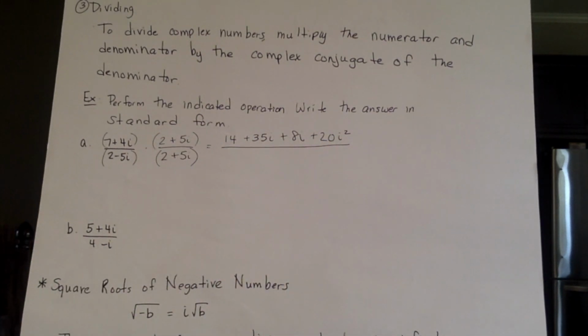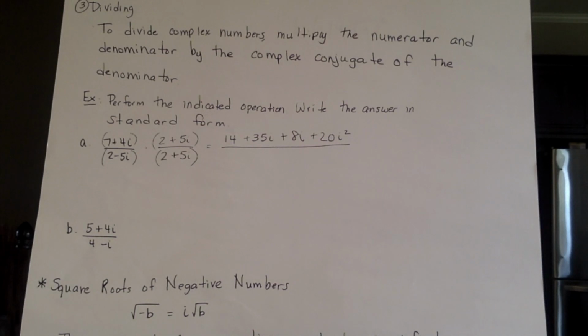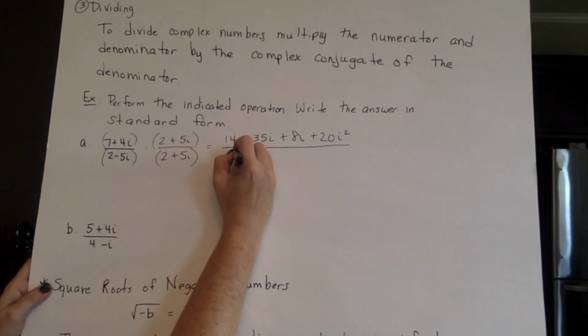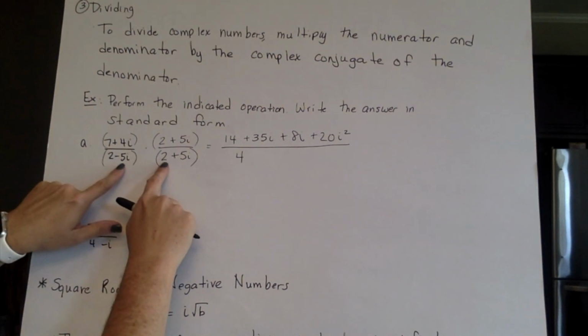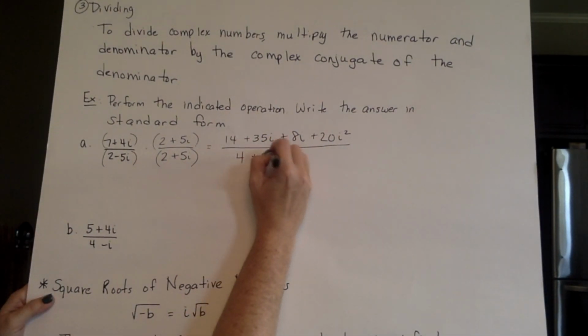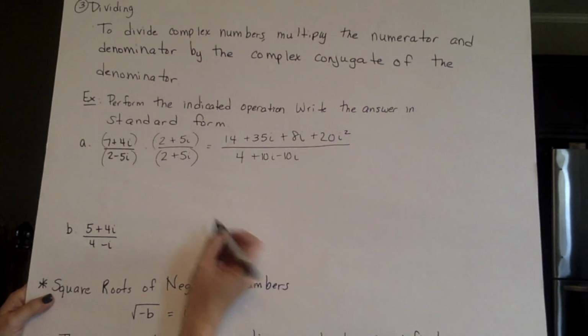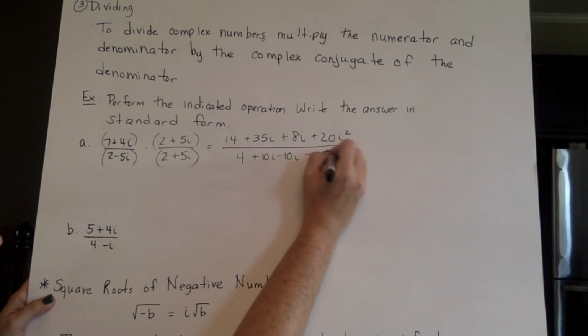Over, and then interestingly, you'll kind of just know this from the get-go now, 2 times 2 is 4. We would get plus 10i minus 10i. And then negative 5i times 5i is negative 25i squared.